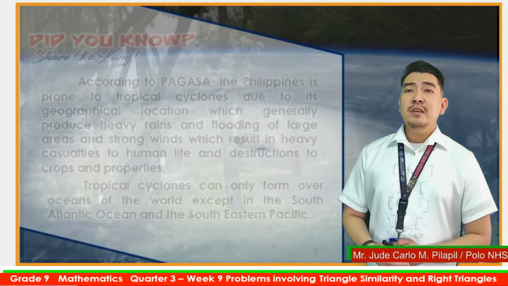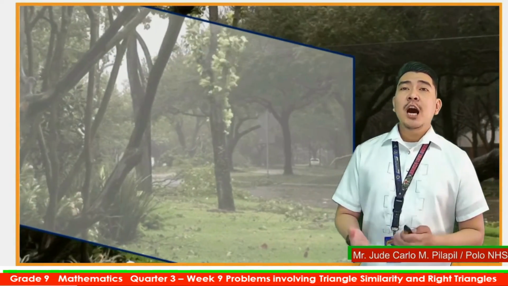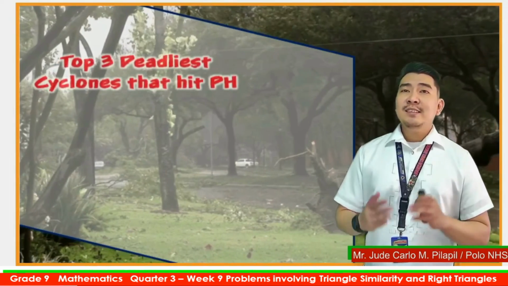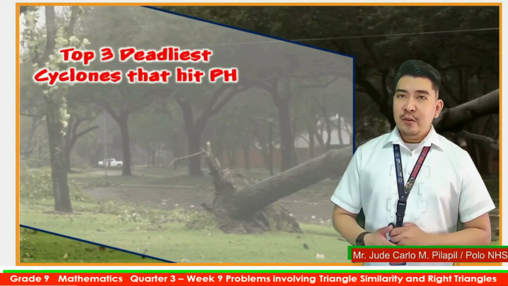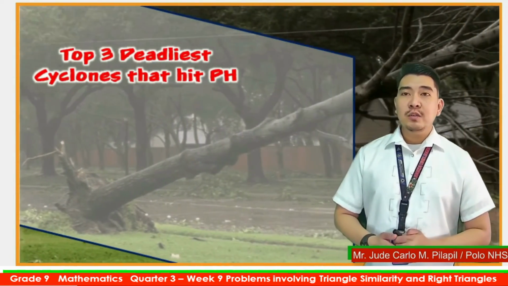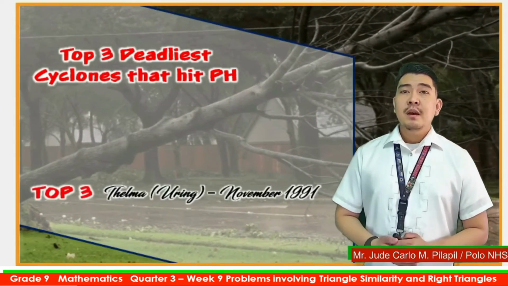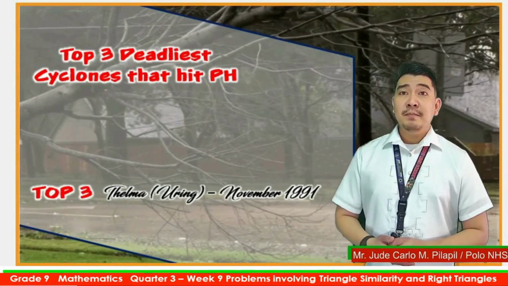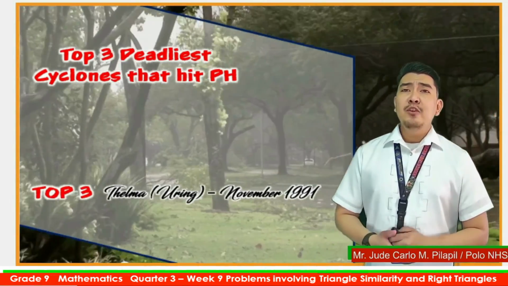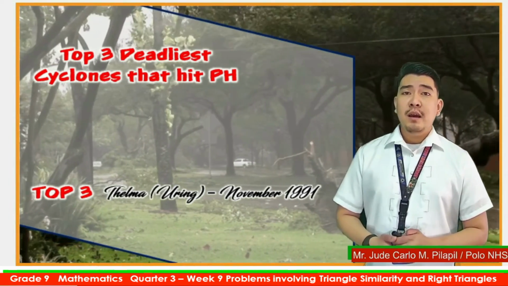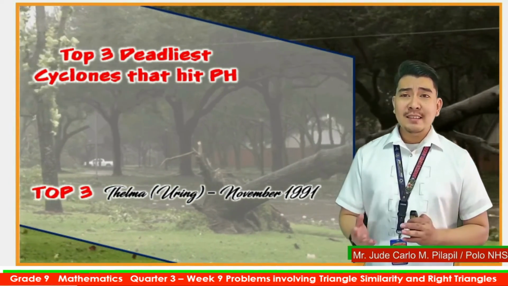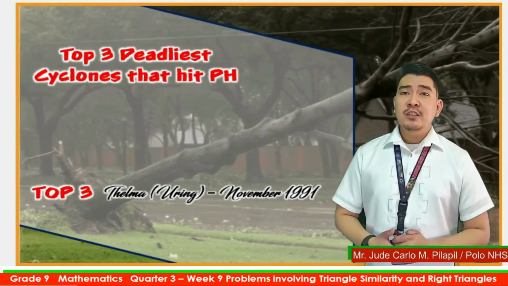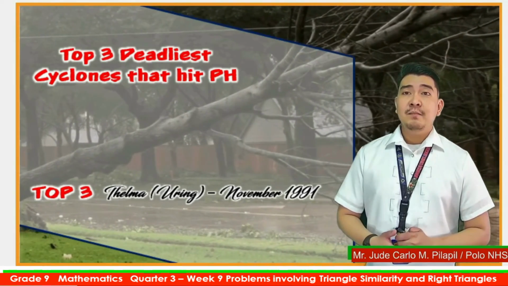In relation to these, the top 3 deadliest cyclones that hit the Philippines are as follows. Top 3 is Uring, with an international name Thelma. It happened in November 1991 and caused more or less 5,100 fatalities in Leyte.